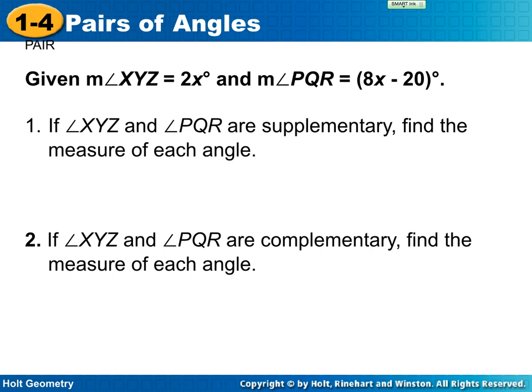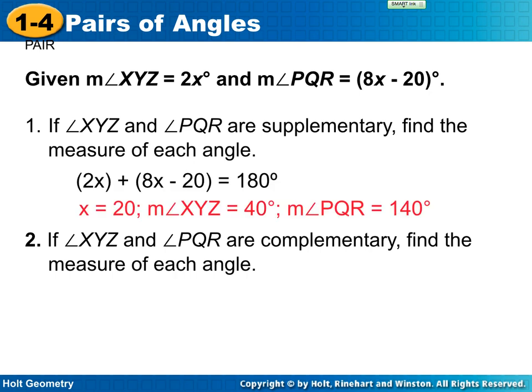So x was how much? 20? So then 2 times 20, angle XYZ was 40 degrees. And 8 times 20 minus 20 was 140. All right, try the second one.